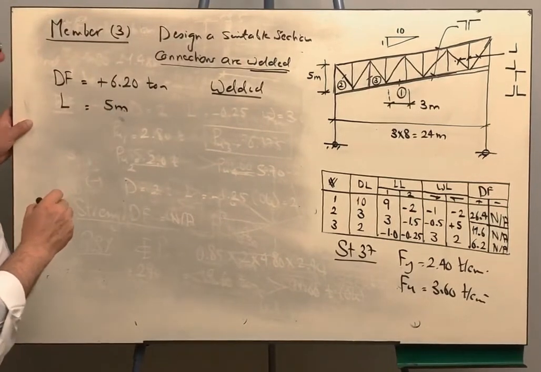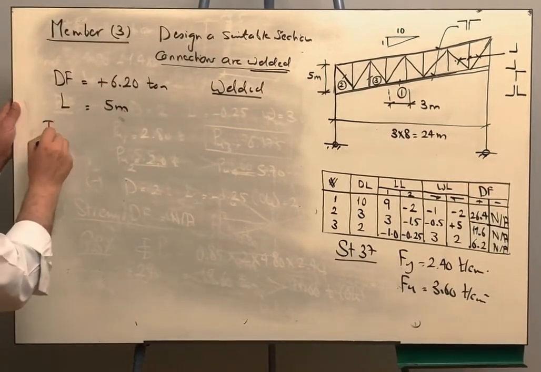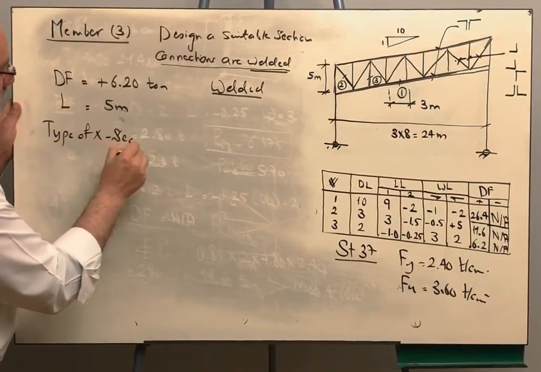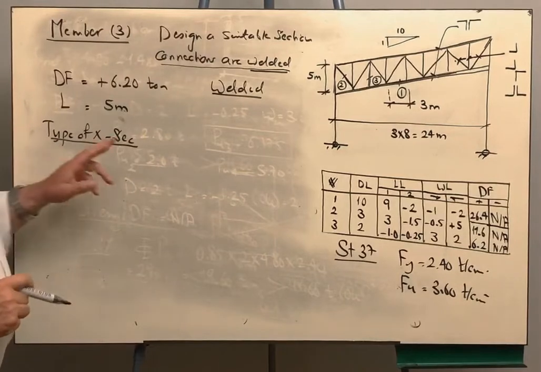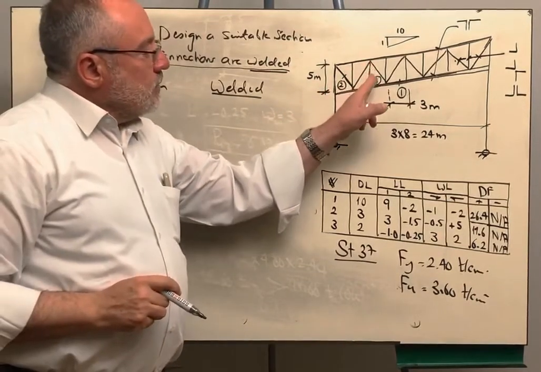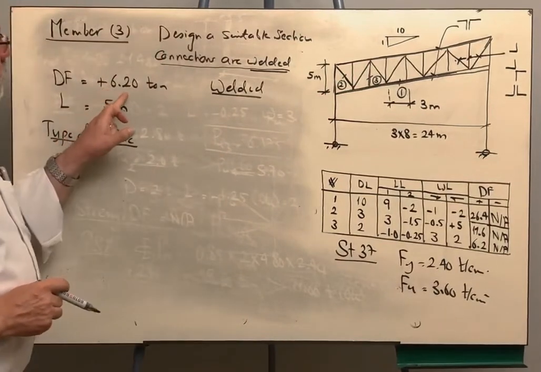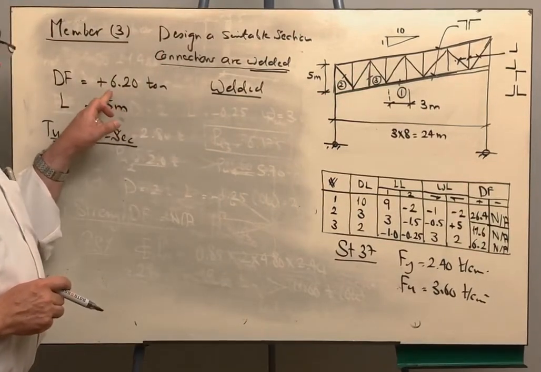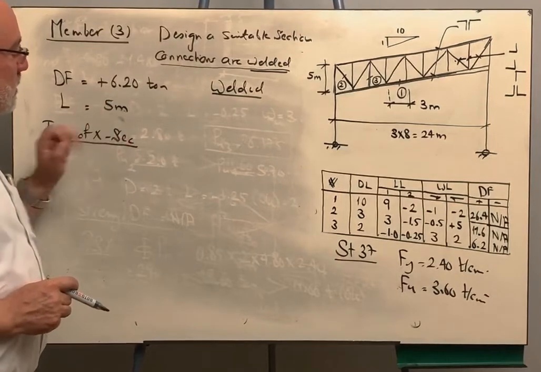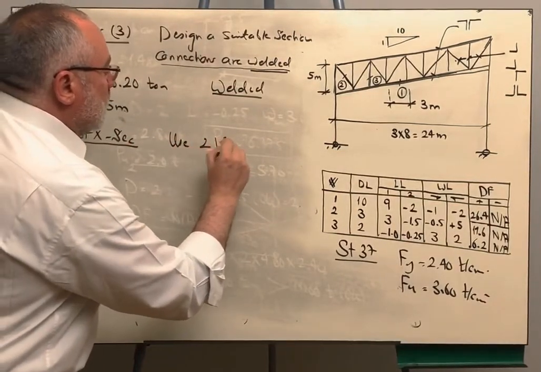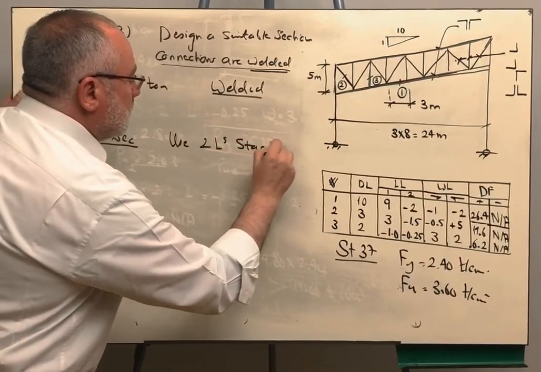Okay, and the type of cross section, since the member is found in the web members, because it is vertical, the design force is less than 8 tons and the length is more than 3 meters, then I'm going to use two angles star shape.